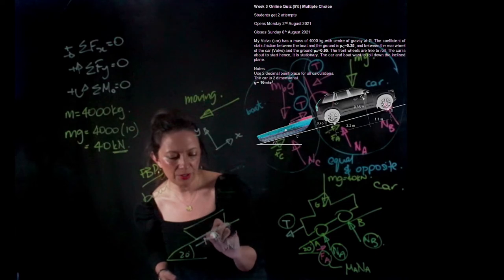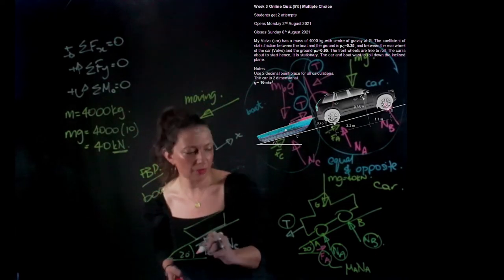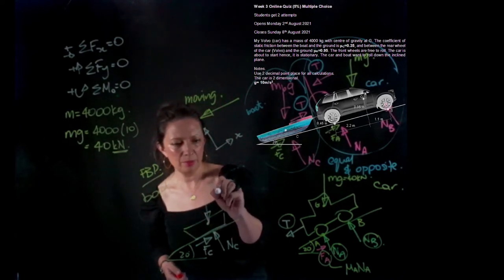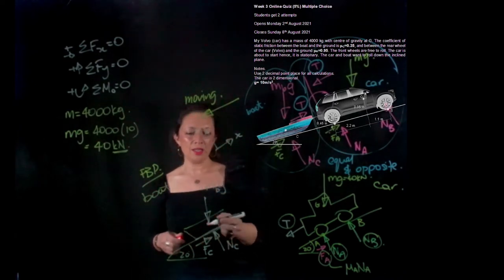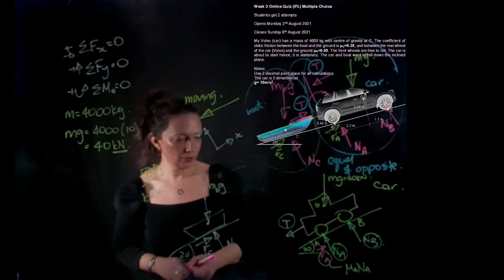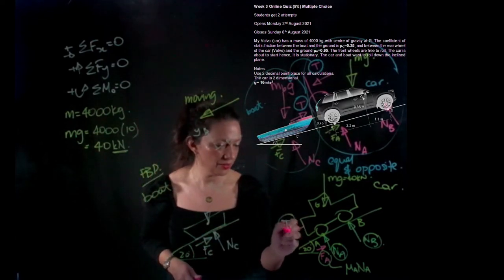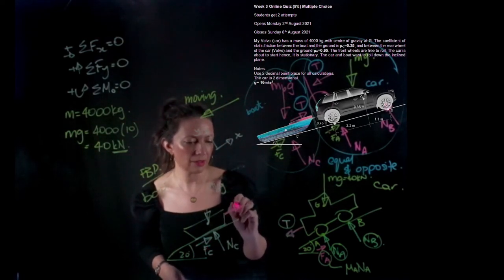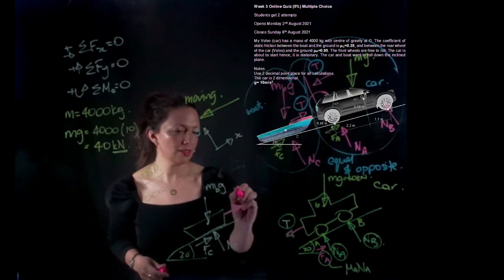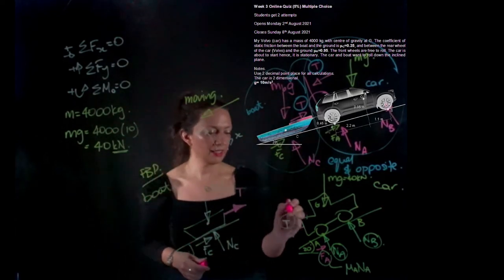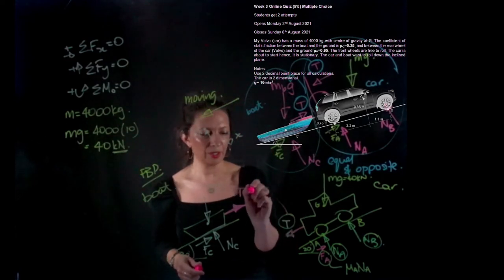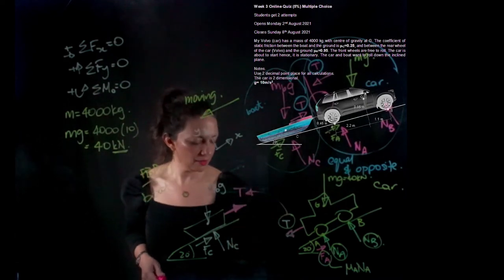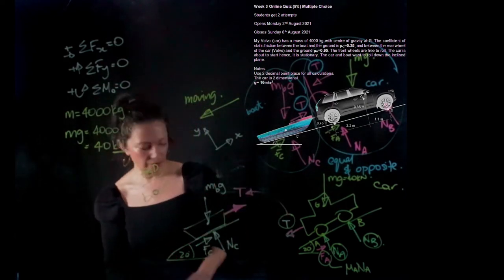I have friction going up the plane, and I have M boat times the gravity. And finally, I need to include this tension, T. We're going to find T in here, and we're going to make sure that it's equal and opposite in this free body diagram.